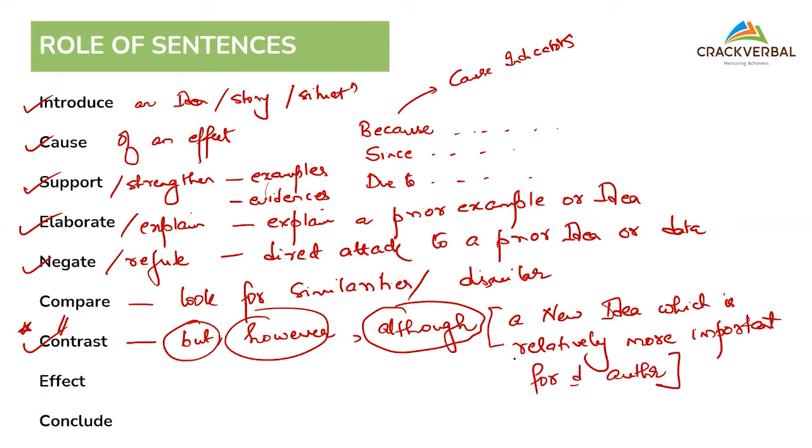So this is something that we all should be smart observers of whenever we are reading paragraphs and passages. And from today's session, your takeaway should be, this is the star. These words are star words. Whenever you see them, keep in mind which is the idea or a sentence that is relatively more important for the author. Clear? Let's move to the next.